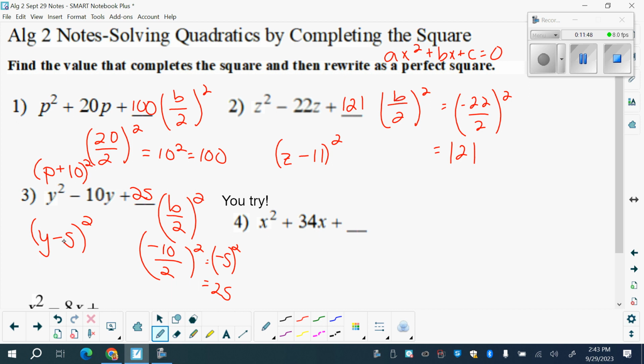What is plus or minus? Wait. That's an apple. What is it? 17. 289.